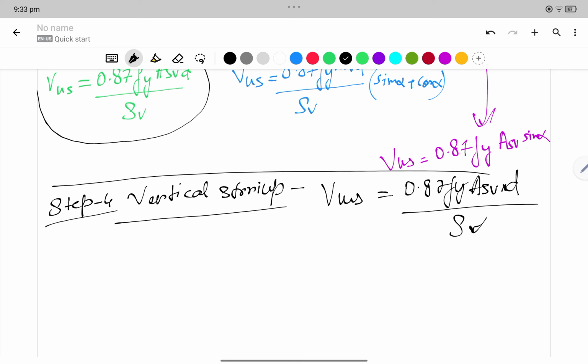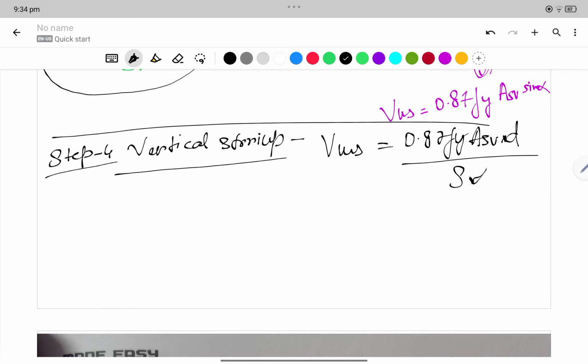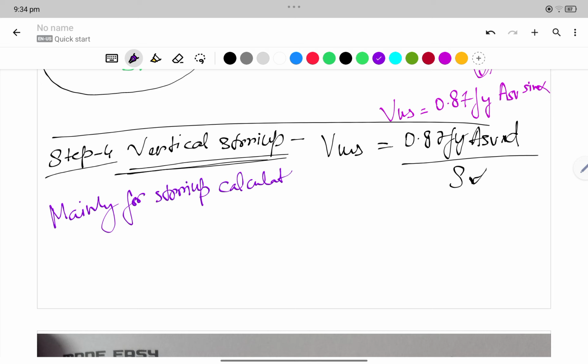ASV we know previously, D is the effective depth of the beam and SV is the spacing of the stirrup. Mainly in stirrup calculation, we have to calculate the SV, the spacing.